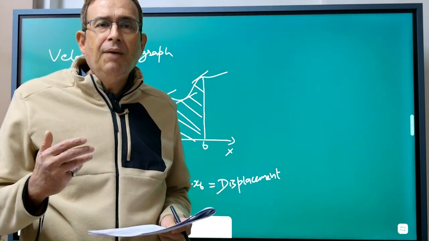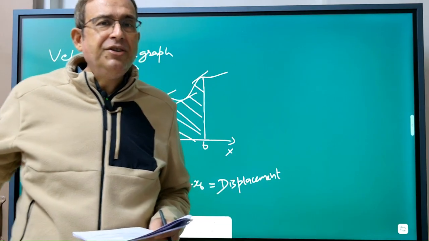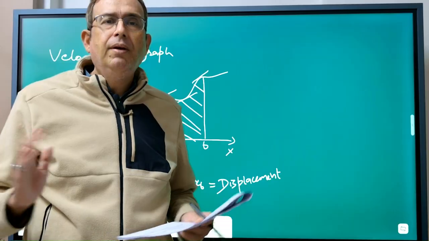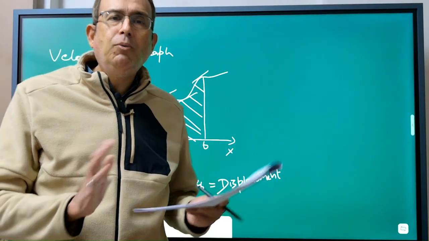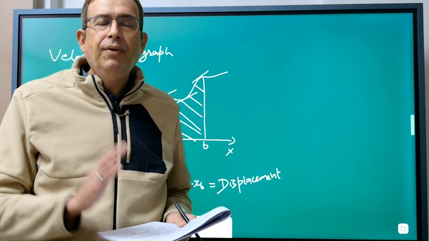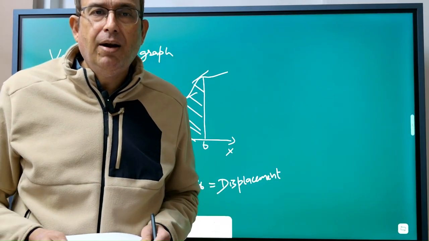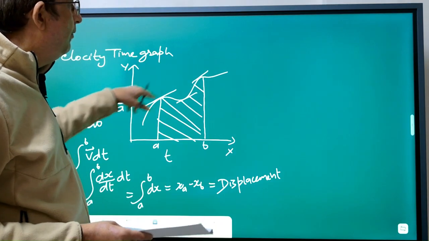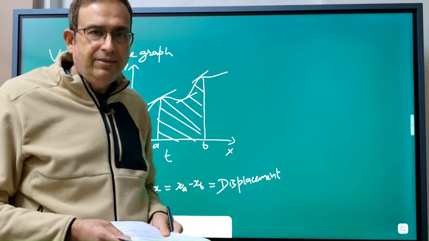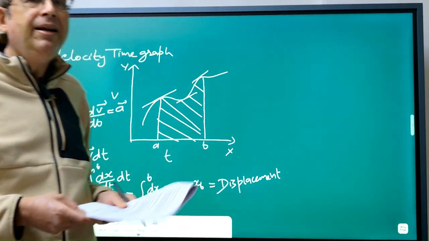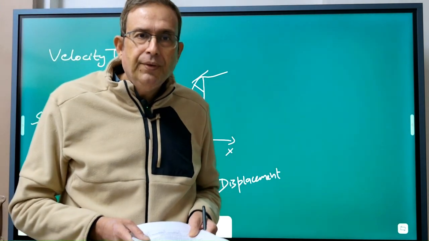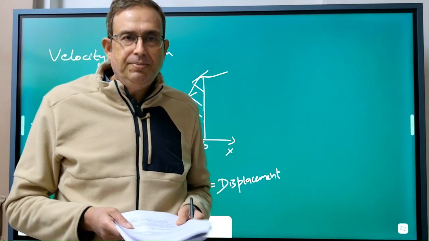The position-time graph is one graph and the acceleration-time graph is another graph, but the velocity-time graph gives you information about both of these. The slope of the velocity-time curve gives you the acceleration, and the area under the curve of the velocity-time graph gives you the displacement.